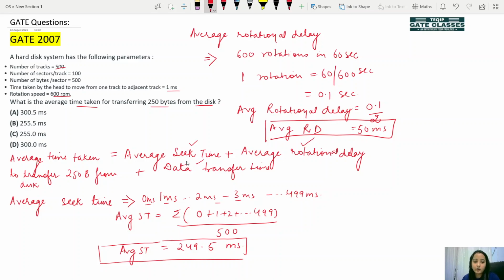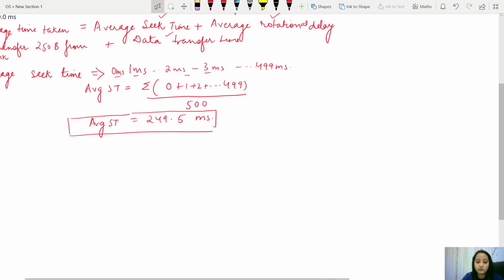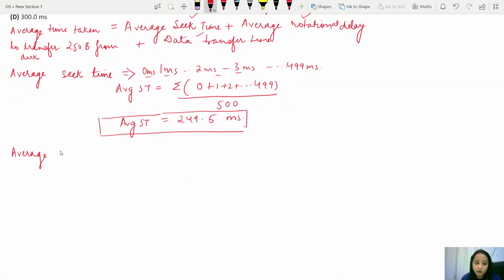What else do we have to find? Data transfer time. In one rotation we can read the data on one track, right? So let me calculate the transfer rate first.